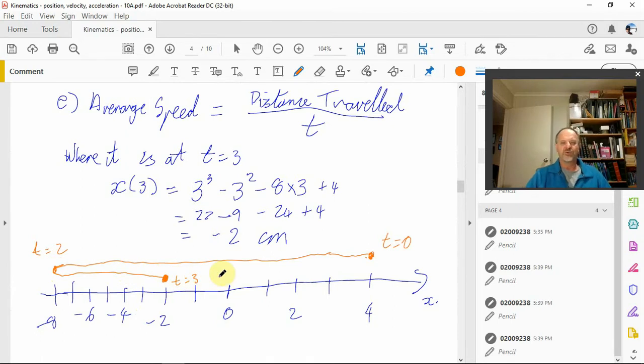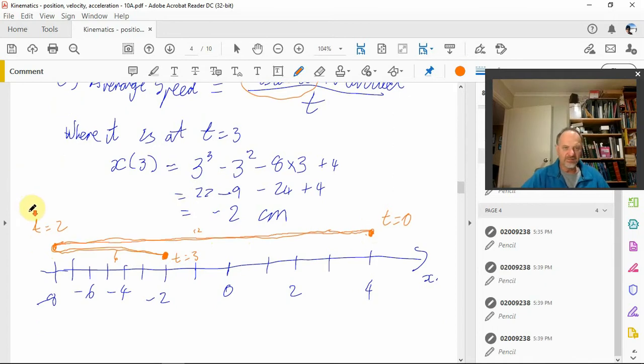So now we're looking for the average speed. So it says it's the distance travelled, not its displacement, but its distance. So the actual distance it's travelled, well, it's gone 4 and it's gone all the way back down to -8. So from +4 to -8, that's 12 centimetres. Then it's turned around and it's come back up here to -2, so that's 6 centimetres that it's travelled.